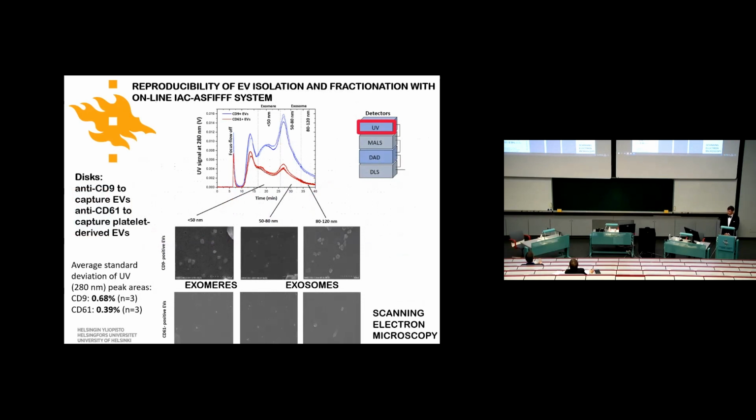We showed that we could isolate extracellular vesicles with many different antibodies, and extracellular vesicles in the size of exomeres and exosomes especially. Exomeres are one of the new particles that were found utilizing FFF in 2018, which are yet to be studied for their further physiological meanings.